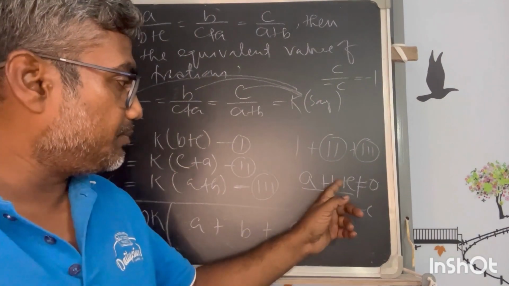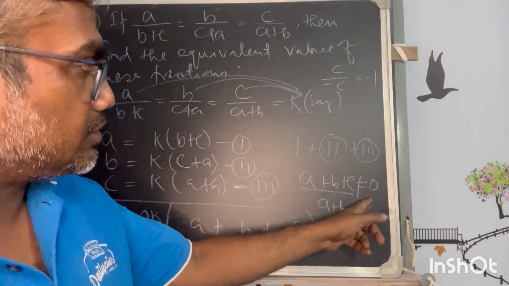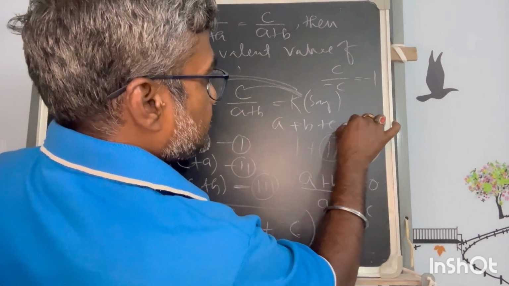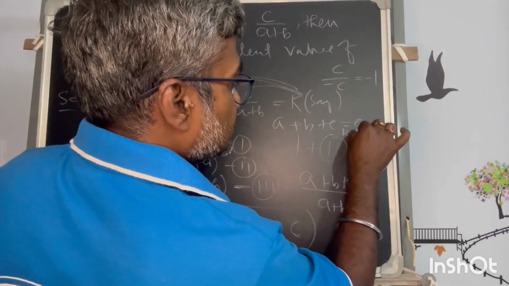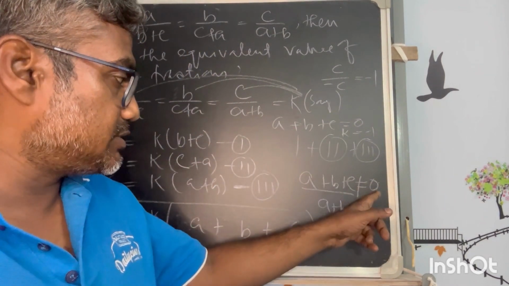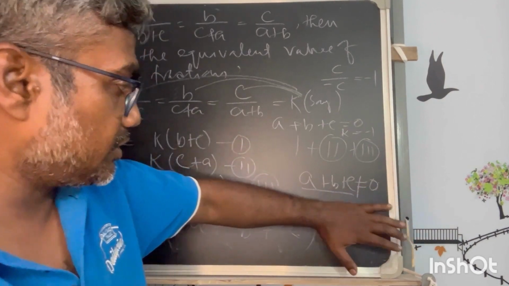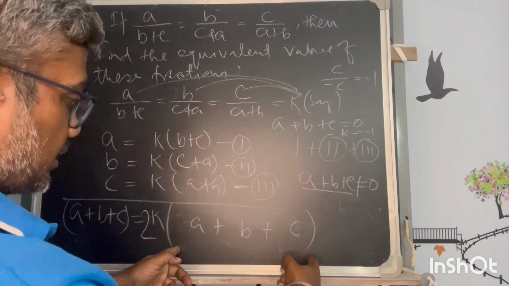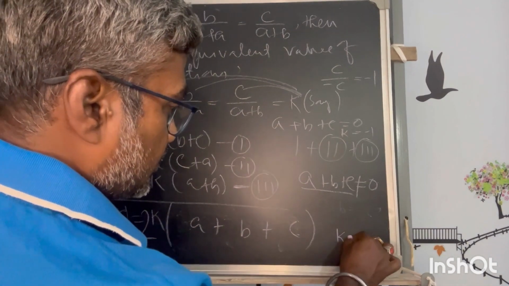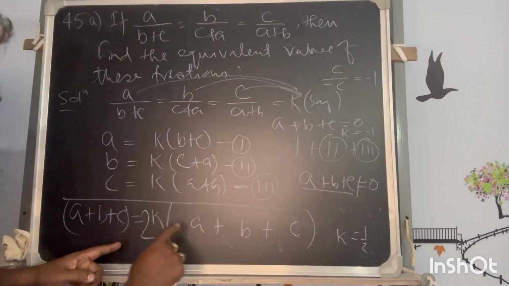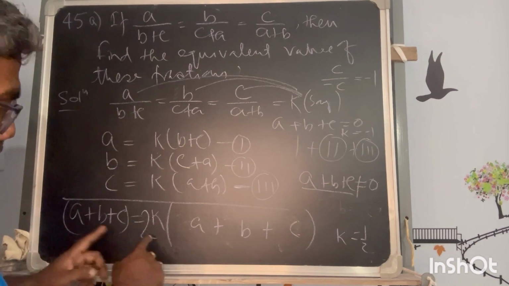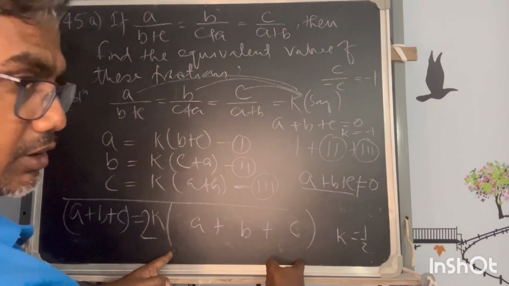Now if A plus B plus C is not equal to 0, this is the condition. If A plus B plus C is equal to 0, then the k value is minus 1. This is one answer. Another answer: if A plus B plus C is not equal to 0, that means this part cannot be 0. So now if it has to be equal, k must be equal to half. Why? Because if I put k equal to half, 2 into half gives you 1, so then this is equal to this. Only then this is possible.